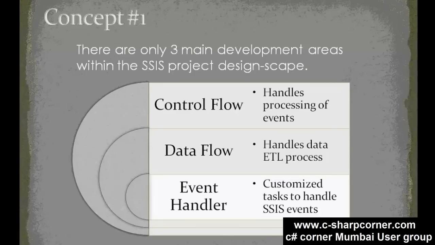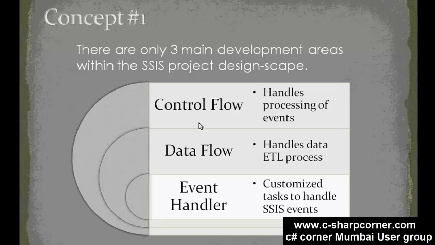This whole framework is divided into three parts. As you can see in the slide, you have three things: control flow, data flow and event handler. When I was talking about ETL, extract, transform and load, when we deal with very huge information, first of all we have to extract the information, then transform and then load.